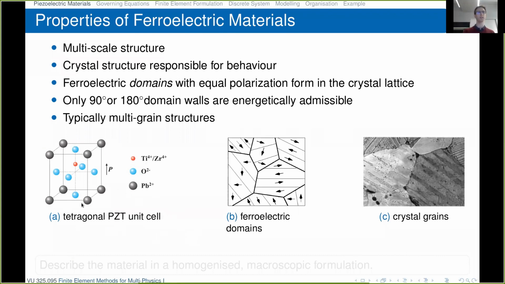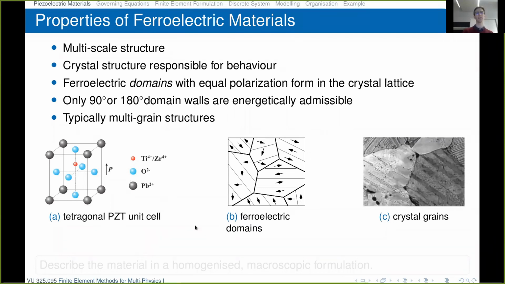Here, as an example, the tetragonal unit cell of PZT material, which has a central ion that has a few stable positions. So it can be positioned here at the top, at the bottom, on the left or on the right. And depending on the position of this ion, the polarization of this unit cell is defined.